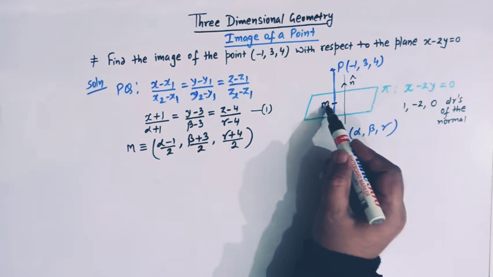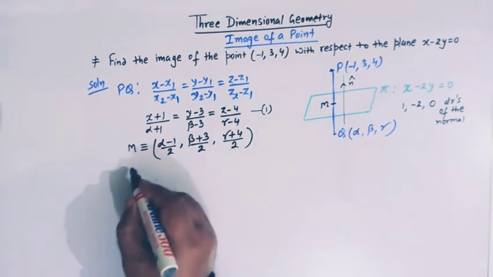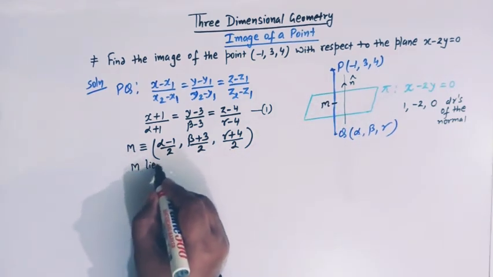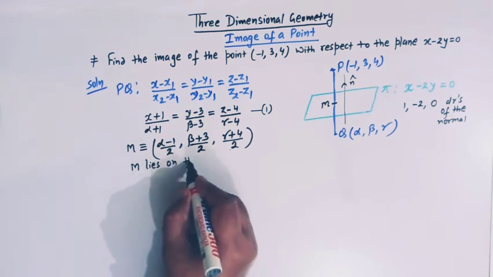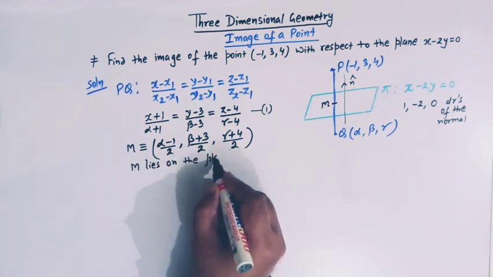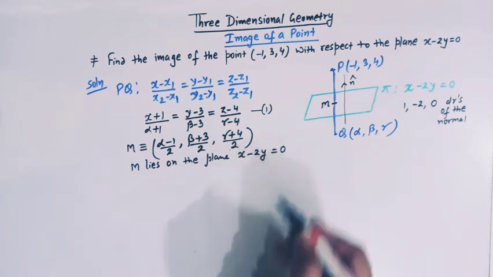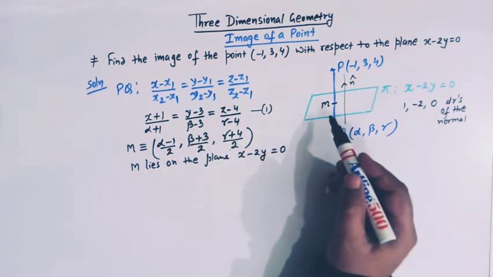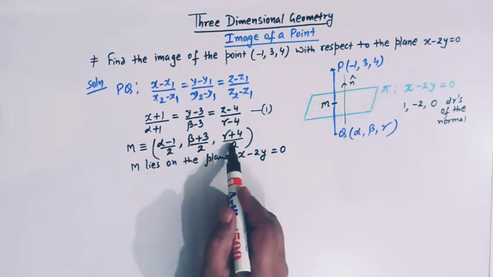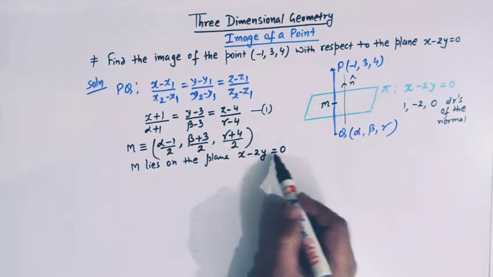Now this point M lies on this plane, lies on the plane x minus 2y is equal to 0. So obviously the coordinates would satisfy this equation.